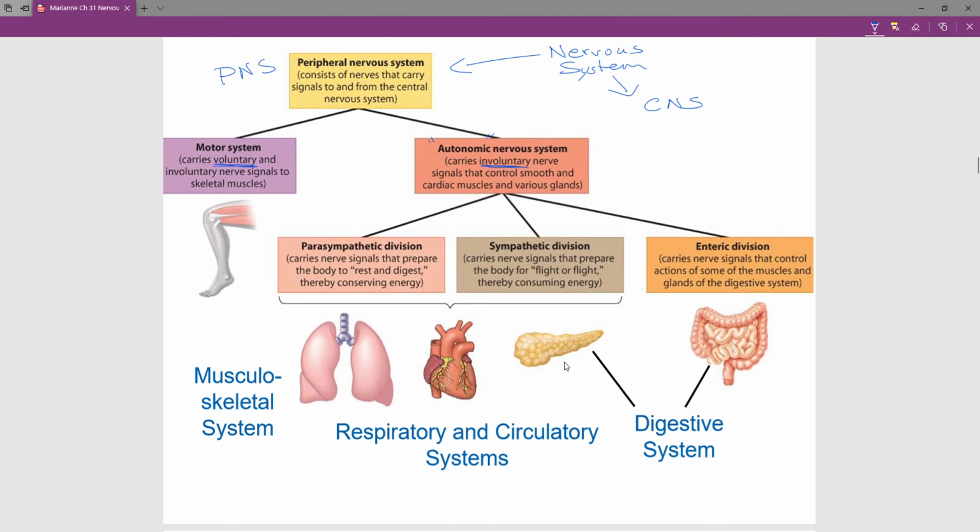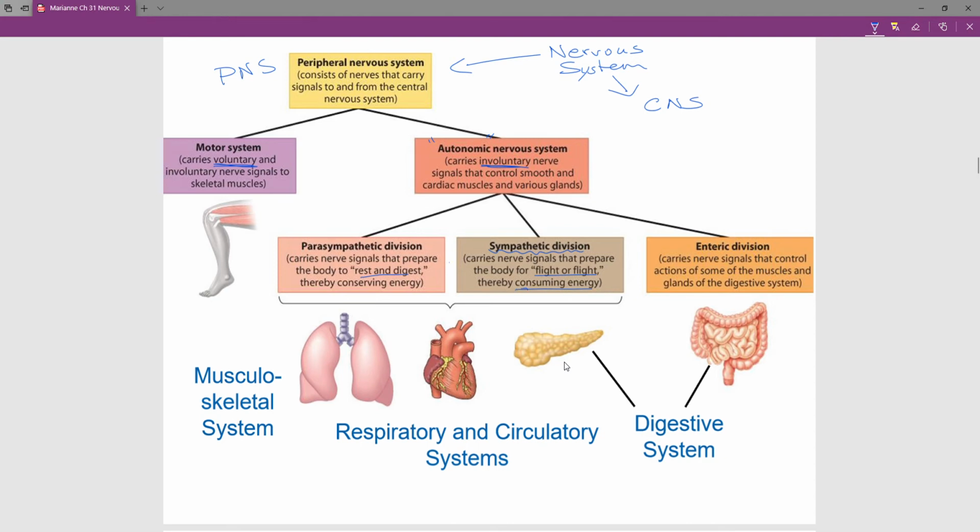And so this whole idea that I said, the rest and digest or the fight or flight, those are the catchy names for two of the divisions of your autonomic or automatic nervous system. Your fight or flight is sympathetic to your needs. It is the sympathetic division, and it carries nerve signals that prepare your body to fight or flight, and use up a lot of energy.